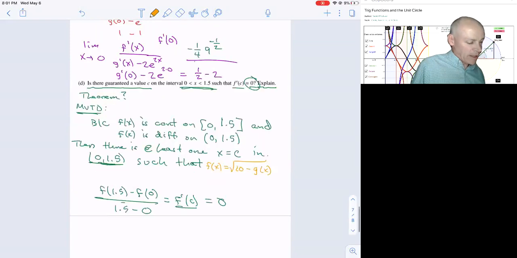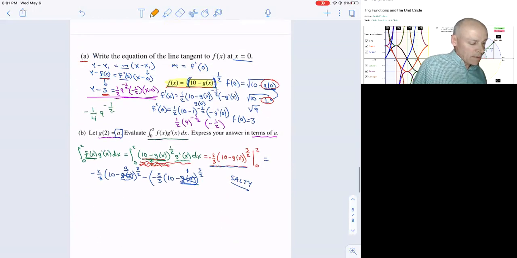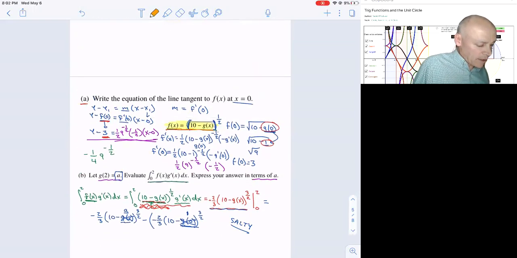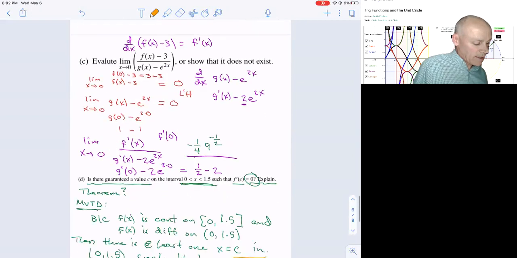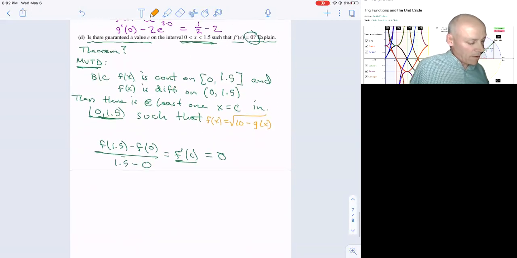So f at 1.5 is equal to the square root of 10 minus g at 1.5.